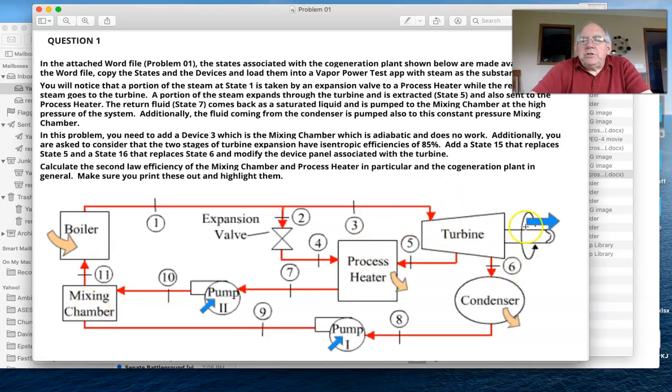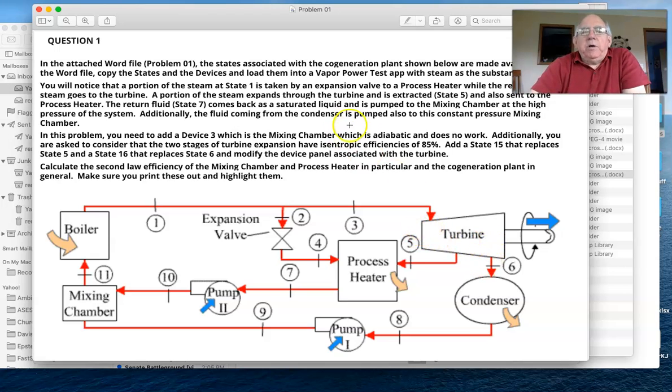And then you were asked to make this turbine, instead of isentropic, a real turbine with an 85% efficiency associated with each stage.